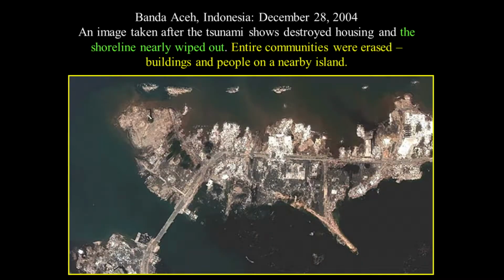Here is Banda Aceh, Indonesia on December 28, 2004, after the tsunami. Notice the destruction. The shorelines are nearly wiped out. Entire communities were erased, including buildings and people on a nearby island.